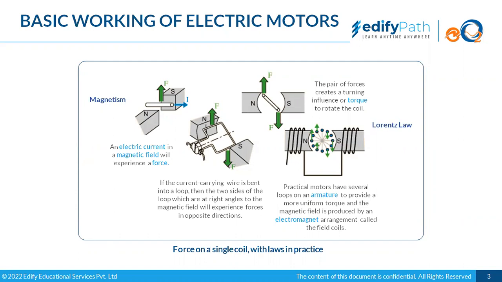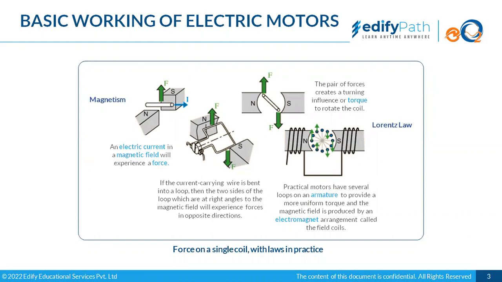So there is a movement. This movement can be made continuous either by changing the direction of the current, or through proper winding placements. That is the basic principle on which motors are based, the basic principle of magnetism.